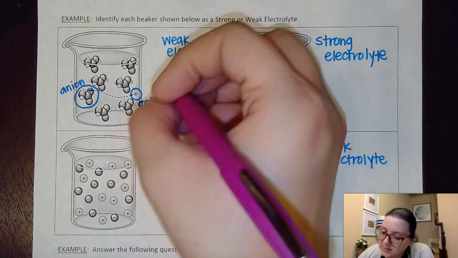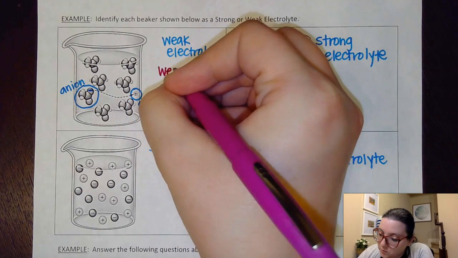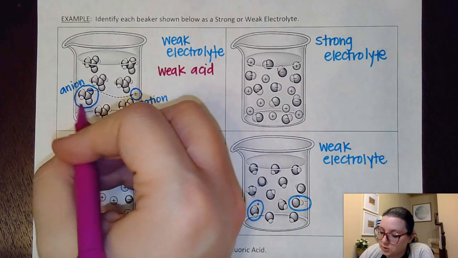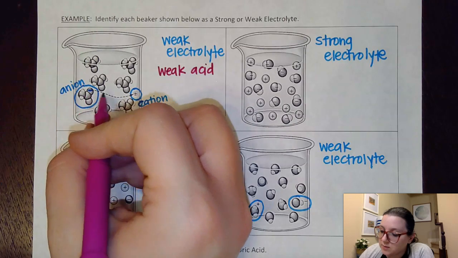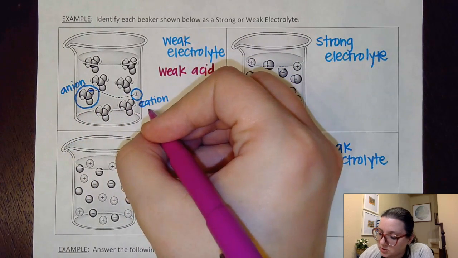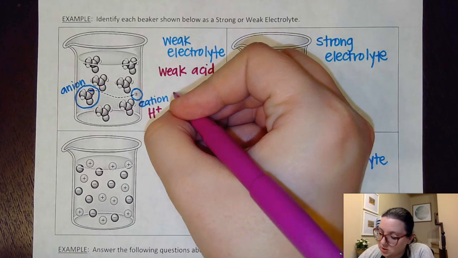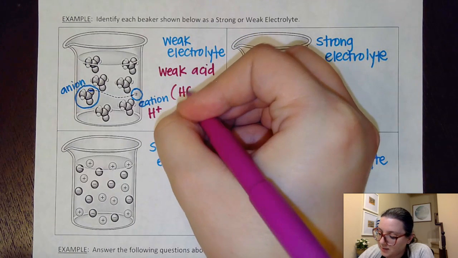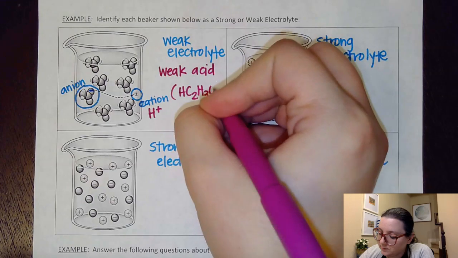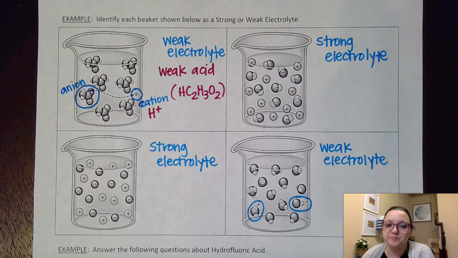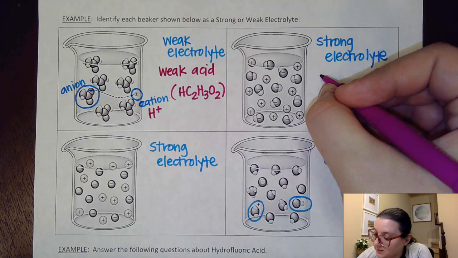That means this is actually a picture of a weak acid. My original molecule has released this positive ion, which is actually hydrogen, making it a weak acid. This specific picture was showing acetic acid, which is why the rest of this molecule is so big, because it's trying to show acetate there. All right, this one was specifically a strong base.